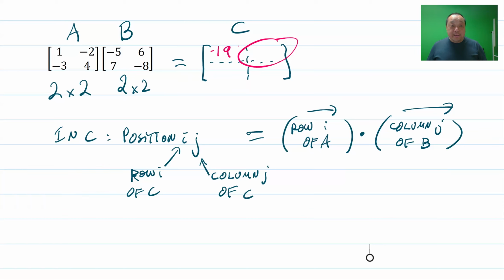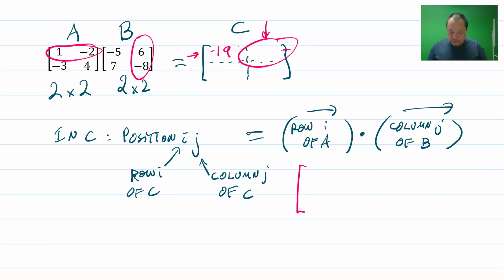All right, welcome back. This position here is on the first row, second column. So I'm going to the first row of the first matrix and second column of the second matrix.